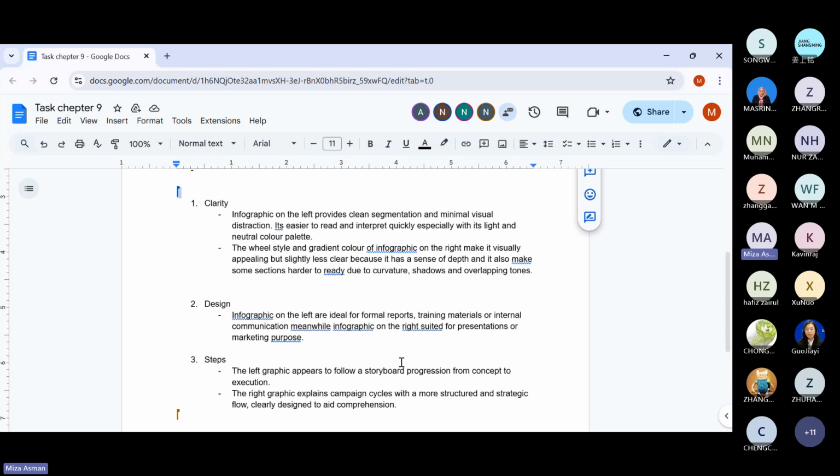It's easier to read and interpret quickly, especially with its light and neutral color palette. Also, the wheel style and gradient color of the infographic on the right make it visually appealing, but slightly less clear. It has a sense of depth and also makes some sections harder to read due to curvature, shadows, and overlapping.